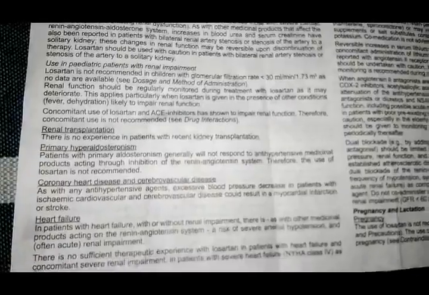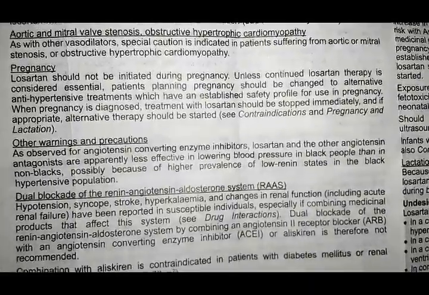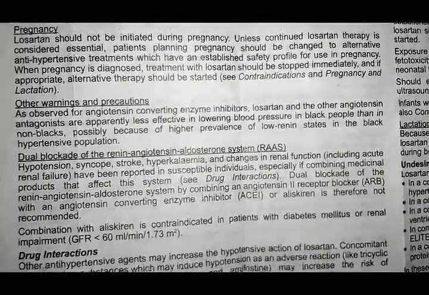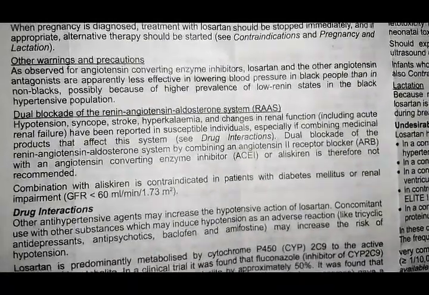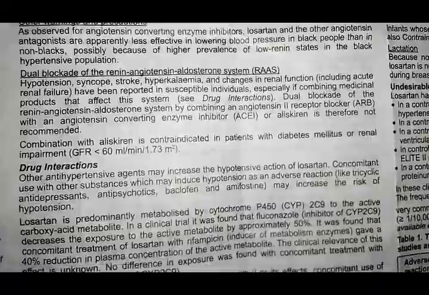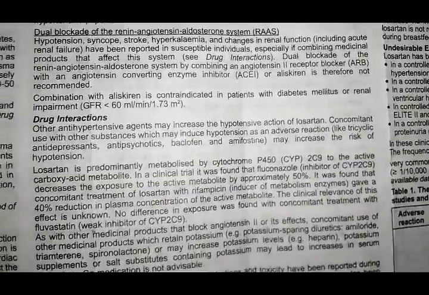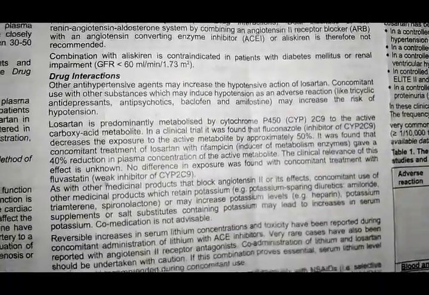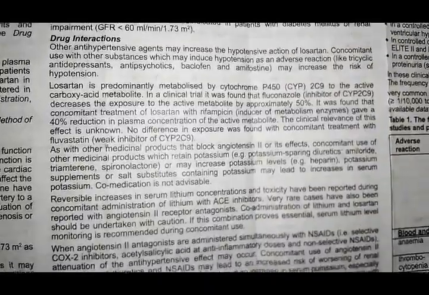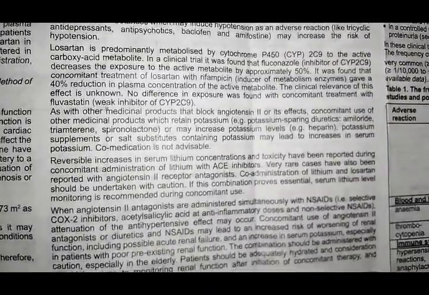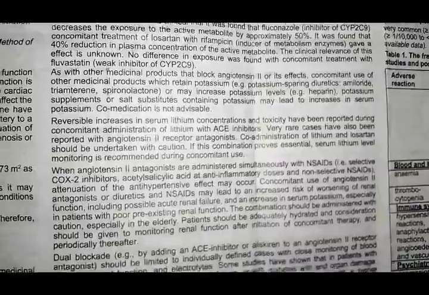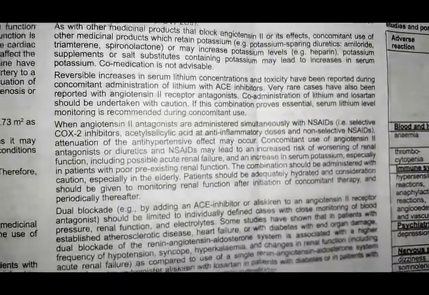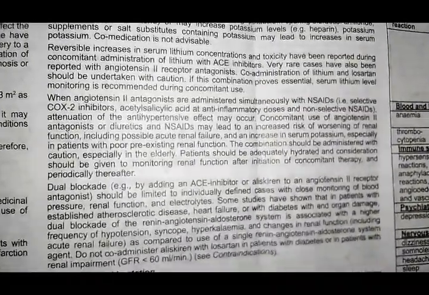Despite this increase, antihypertensive activity and suppression of plasma aldosterone concentration are maintained, indicating effective angiotensin 2 receptor blockade. After discontinuation of losartan, PRA and angiotensin 2 values fell within 3 days to the baseline values.